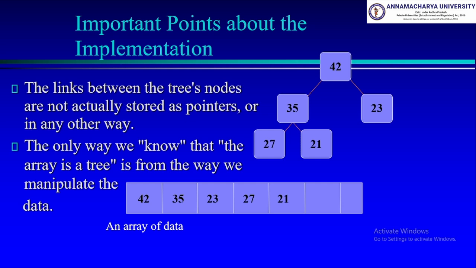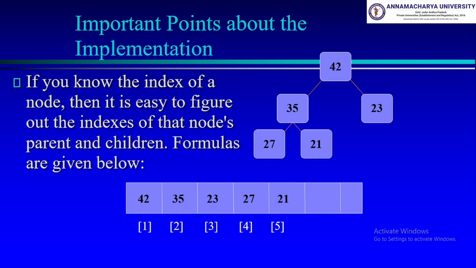So the data appears like this type of array in memory locations. If you know the index of a node, then it is easy to figure out the indexes of that node's parent and children. The formulas are given below.